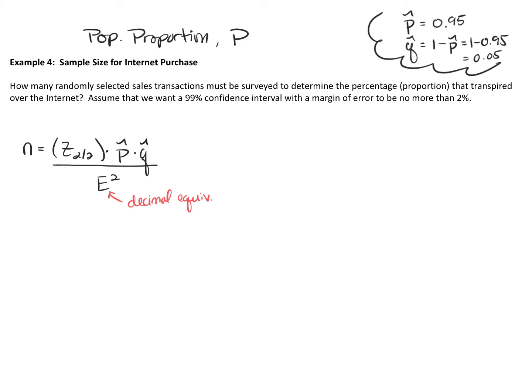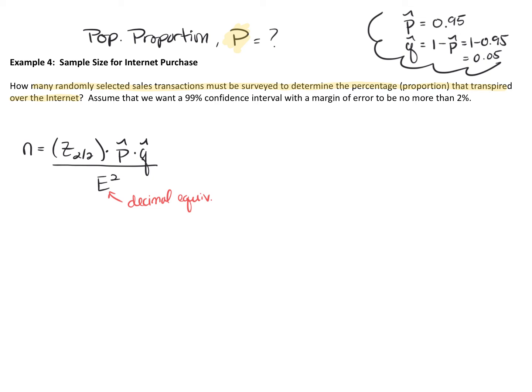Okay, so in this particular problem, we want to know how many randomly selected sales transactions must occur in order for us to determine the percentage or the proportion that transpires on the internet. So here we want to know, what is p equal to? Here p represents the proportion of sales that occur on the internet.